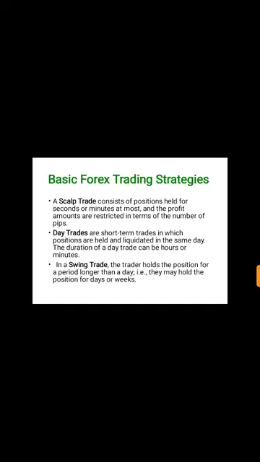While day traders are traders that hold their positions for minutes to even hours sometimes. And a swing trader is a trader that holds a position for days and sometimes even weeks. Now there's one more type of trader that I didn't list here, and that is a position trader.